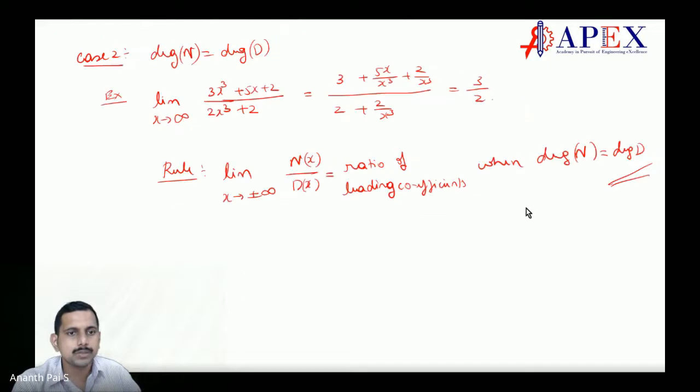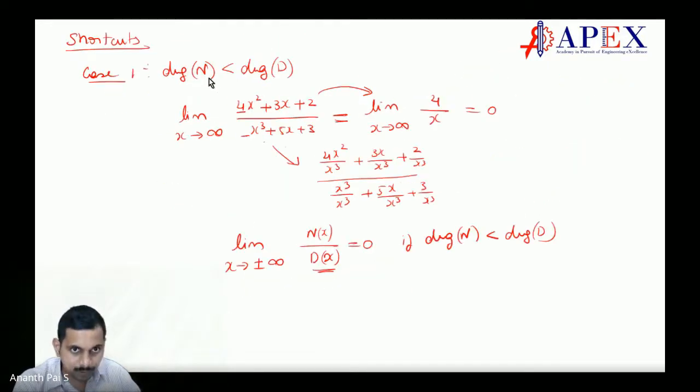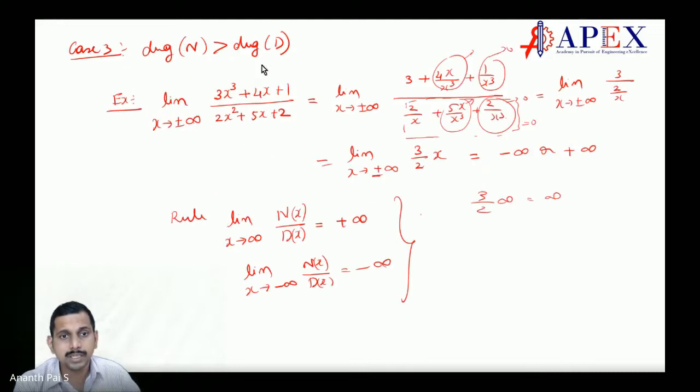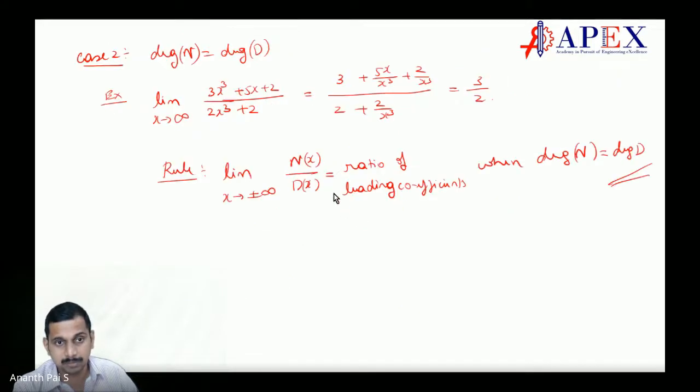If the degree of numerator is less than degree of denominator, then it is 0. Now here, the degree of denominator is greater than degree of numerator. Sorry, the degree is the same.